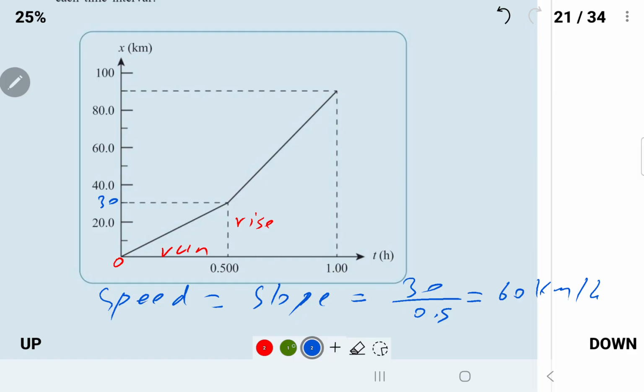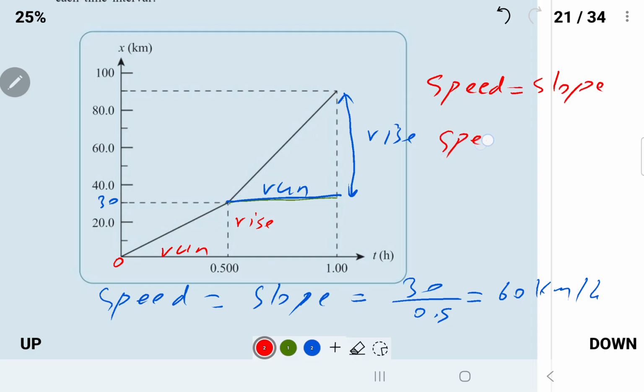And then the second interval from 0.5 to 1. Also we do rise over run again. This is rise, this is run. So you have to do rise over run, which means slope. So speed again is equal to slope.